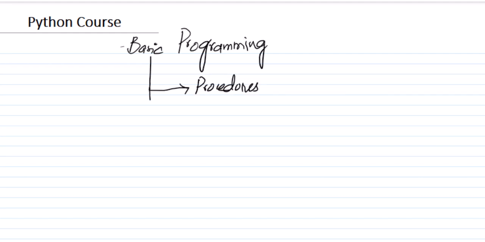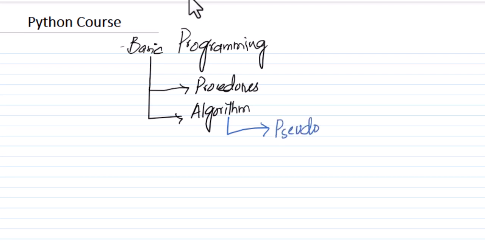And then after the procedures we saw what algorithms are. We then discussed different methods of writing an algorithm, and one of them was pseudocode, and the second was the flowchart.